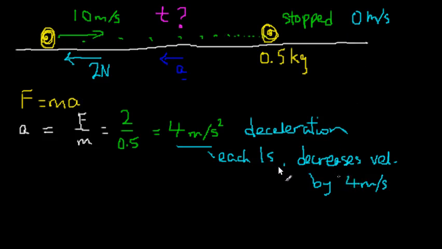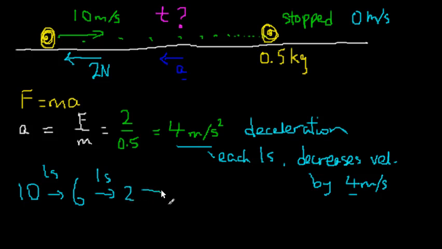And the way to do it, well, if I just do it mentally, I would think, right, after 1 second, the 10 decreased by 4, so that's 6. After another second, it decreases by another 4, to 2.